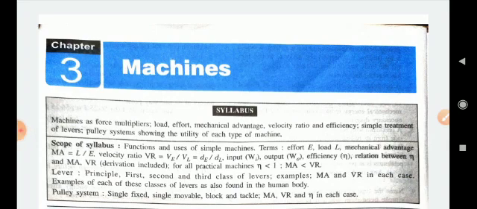Machines as force multipliers: load, effort, mechanical advantage, velocity ratio and efficiency, simple treatment of levers and pulley systems, showing the utility of each type of machine. Scope of syllabus: functions and uses of simple machines.